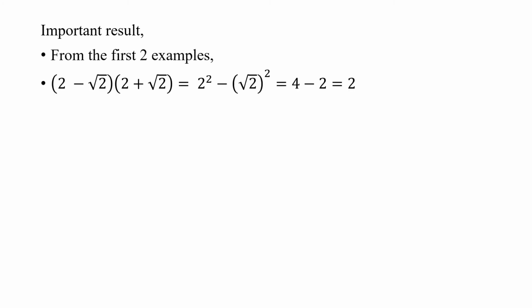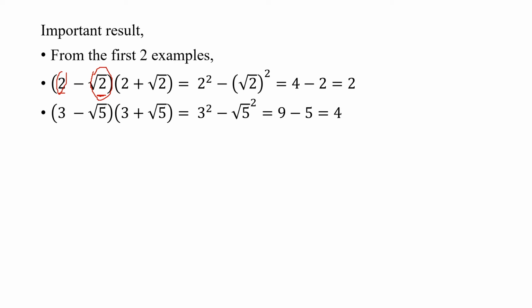From these first two examples, you can see that we are simply squaring the first number minus the second number. If you look at that closely, you can see that it is this number squared minus this one squared, and this is 4 minus 2, which simplifies to 2, right?